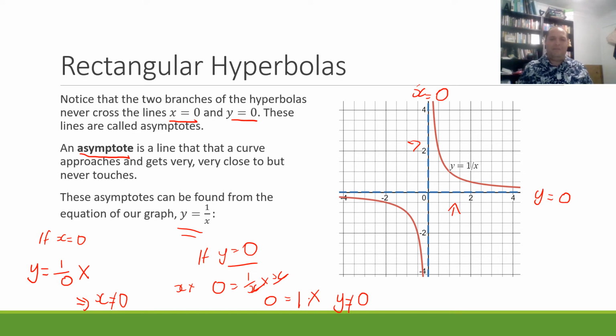So our asymptote says that we can't get to the point where y equals 0. And so you see our red lines here get close to y equals 0 and close to x equals 0, but they won't actually ever touch it.